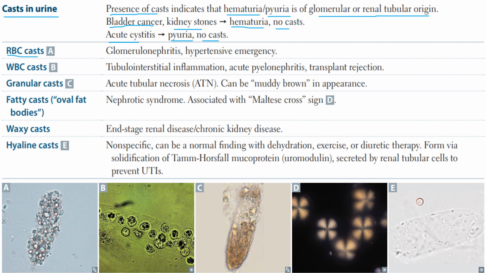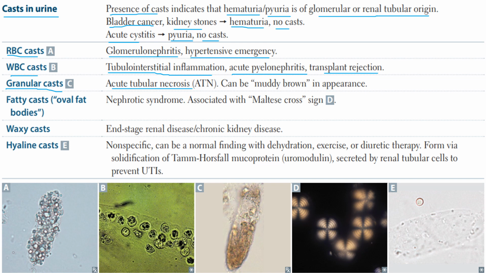RBC casts can be present in glomerulonephritis and hypertensive emergencies. WBC casts may be present in tubulointerstitial inflammation, acute pyelonephritis, and transplant rejection. Granular casts are present in acute tubular necrosis, ATN.